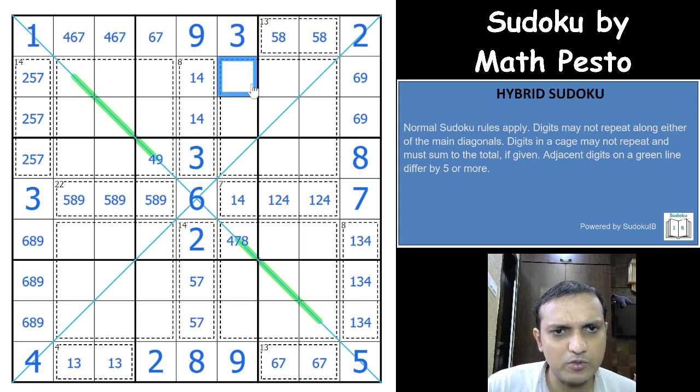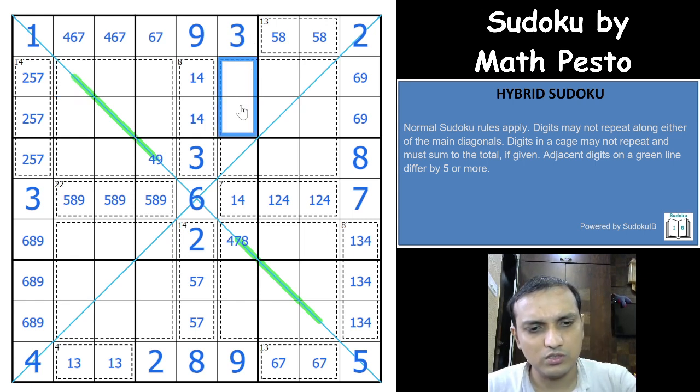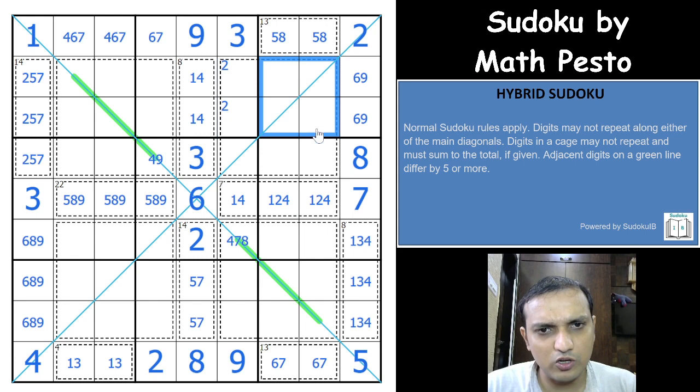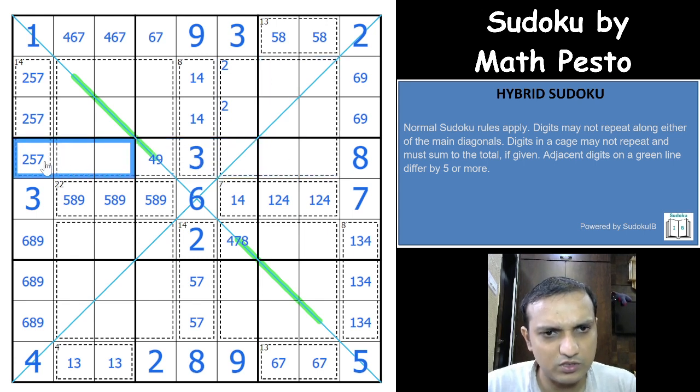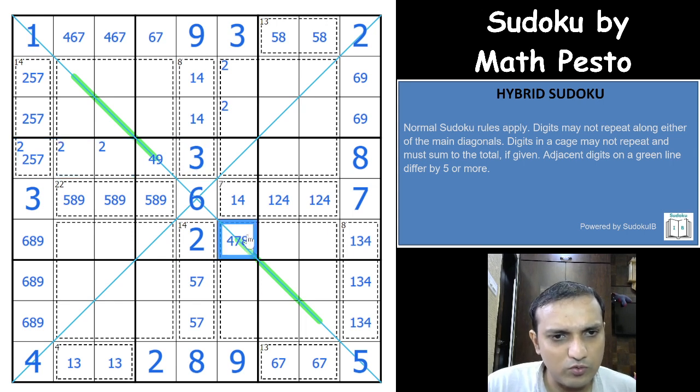Okay, 2 would have to be in one of these two cells, which means 2 cannot be in any of these cells. 2 cannot be here. So 2 would have to be in one of these 3 cells. Is that helping? Same way can we do for 3, would have to be in one of these cells. 3 is in one of these 3 cells.